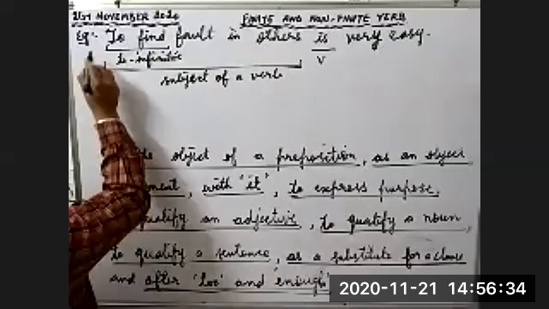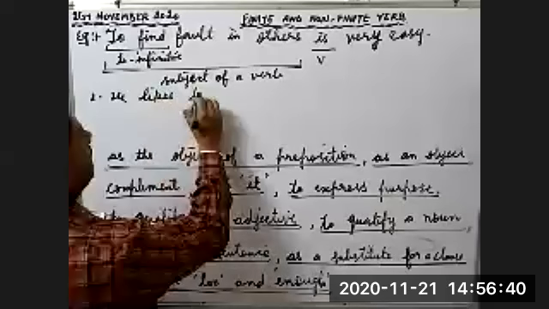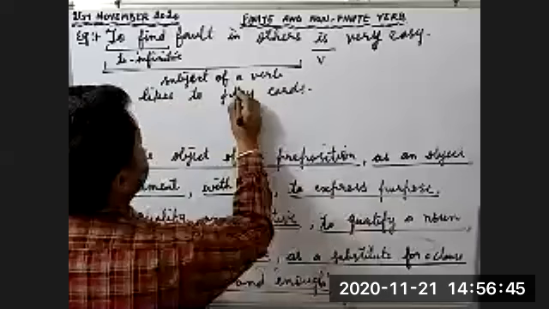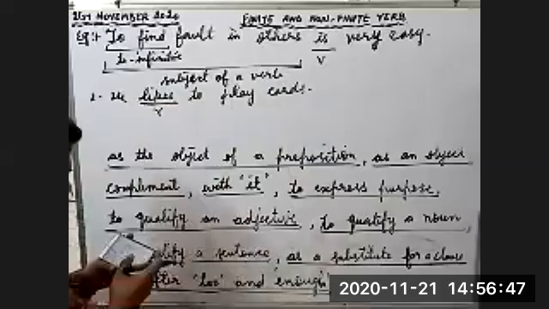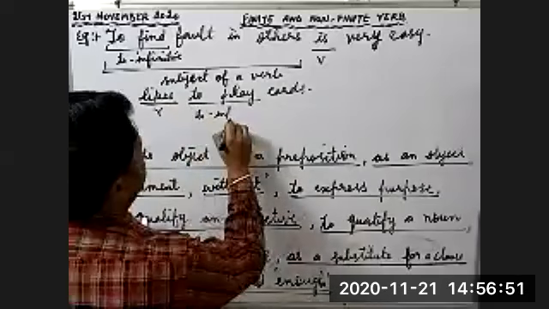Now second example: He likes to play cards. Now what is this likes? Likes is verb. To play cards. What is to play? To play is to infinitive.